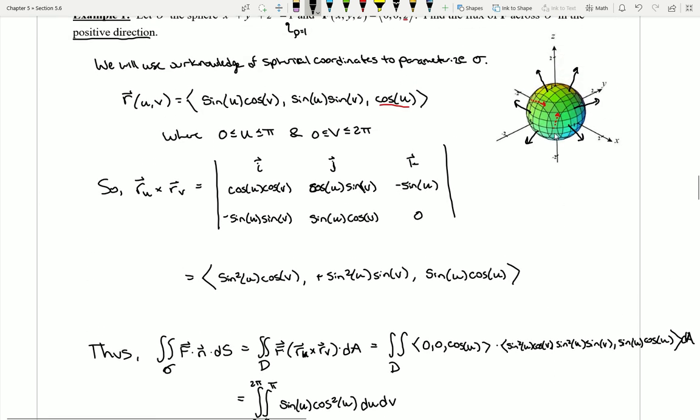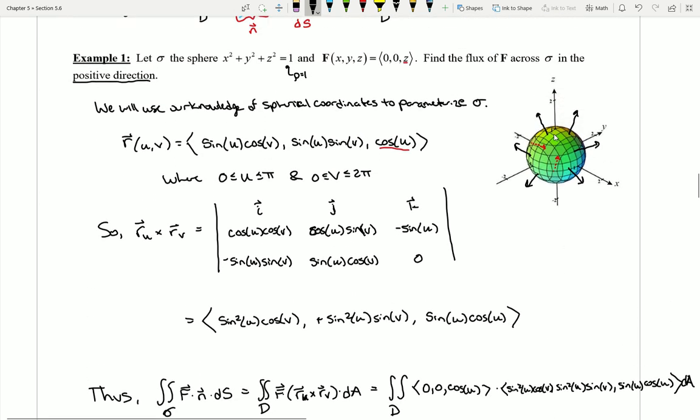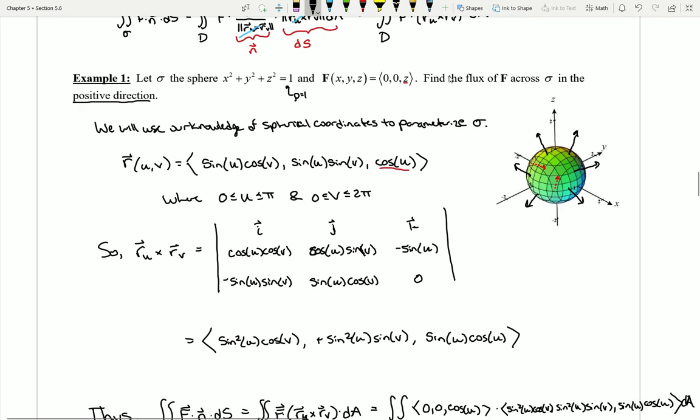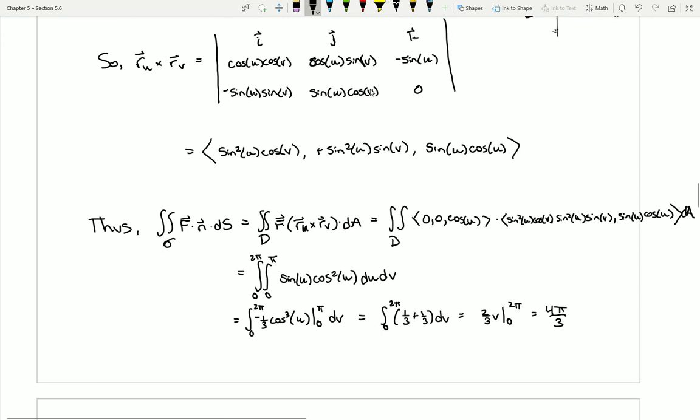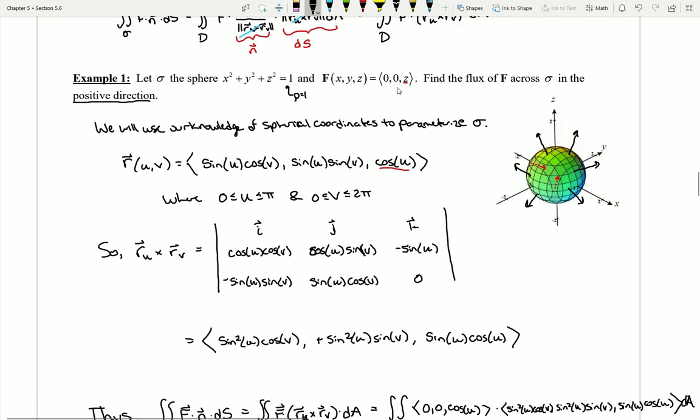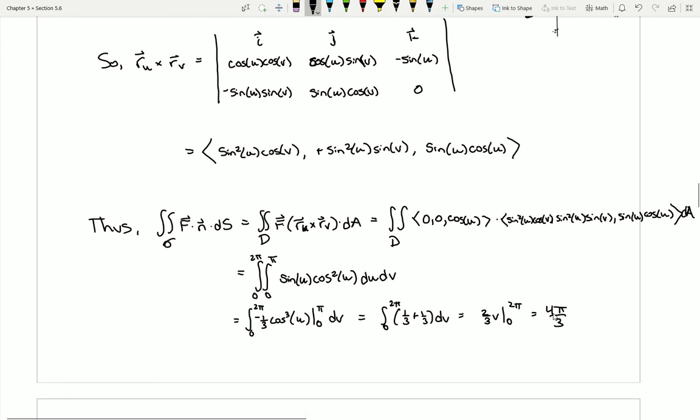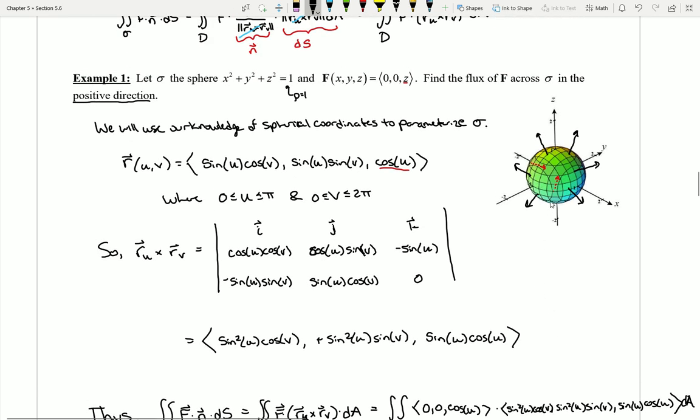We said that if I submerged this surface into, say, a tank of liquid where the fluid is flowing in this direction, then in a single unit of time, whatever we were measuring that time in, whatever the vector field is measuring that flow in, we would have 4 pi over 3 units of volume moving out of this particular sphere, or moving past the sphere in this direction as a net total.